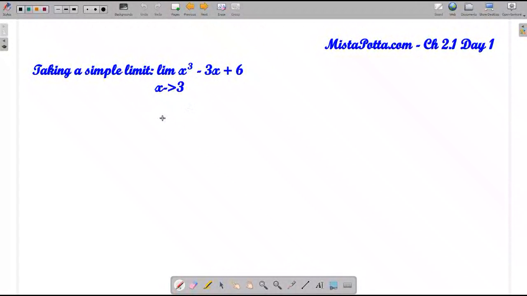Now, I know that this is going to be equal to the limit as x approaches 3 of x cubed minus the limit as x approaches 3 of 3x plus the limit as x approaches 3 of 6.